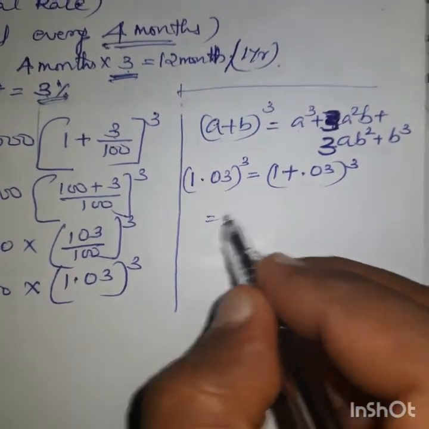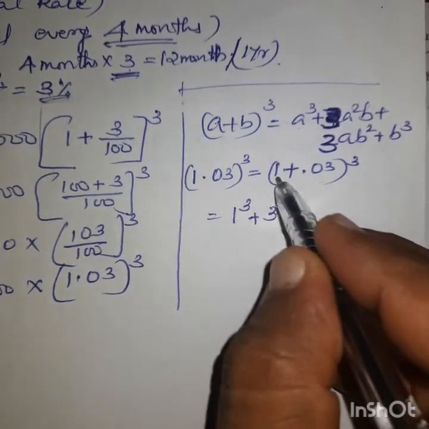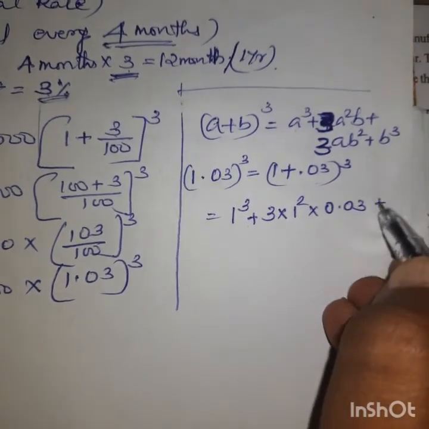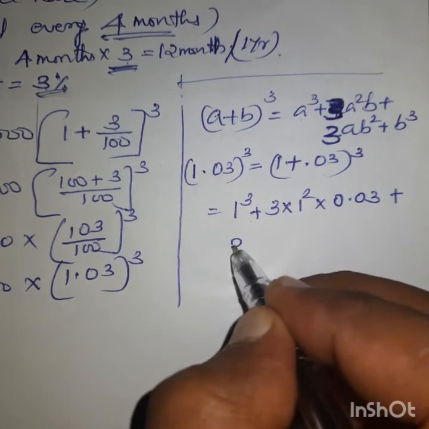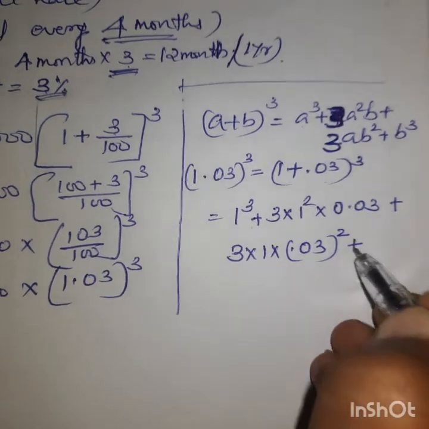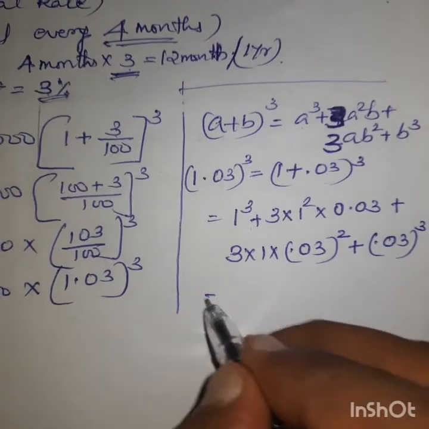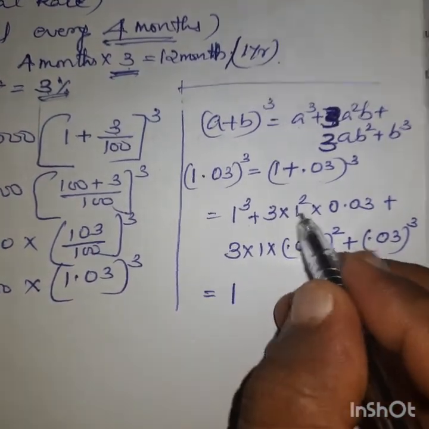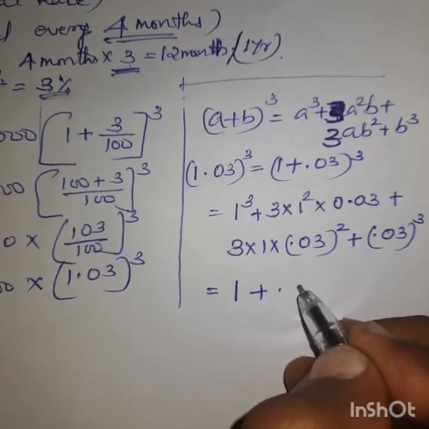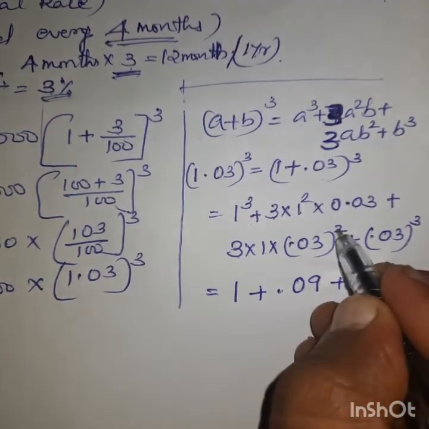So it should be 1 cube plus 3 into 1 square into 0.03 plus 3 into 1 into 0.03 whole square plus 0.03 whole cube. 1 cube is 1. 3 into 1 into 0.03 is 0.09.